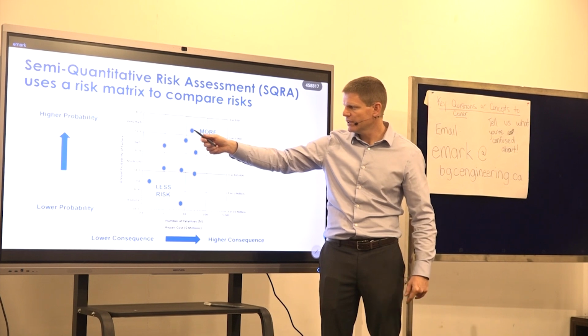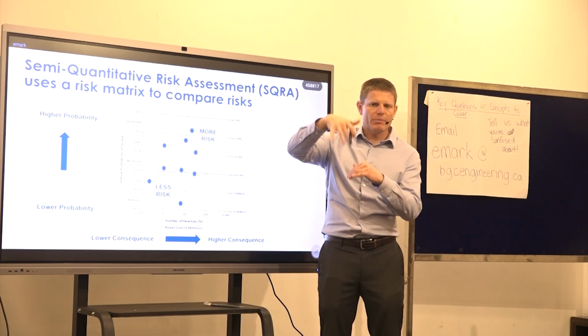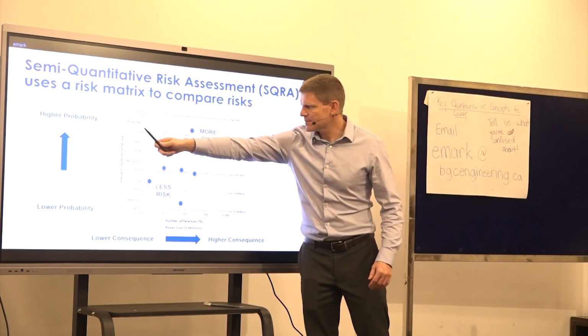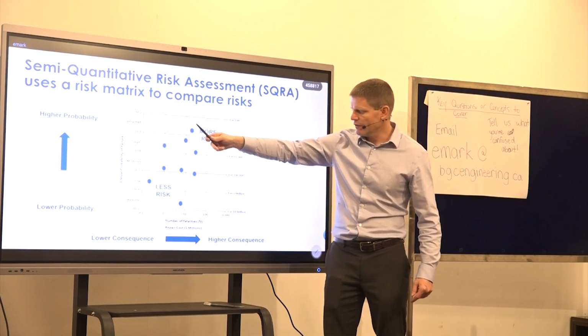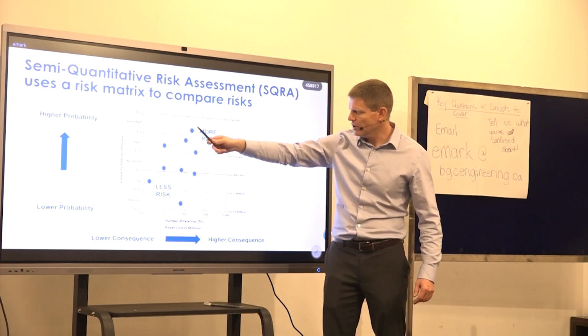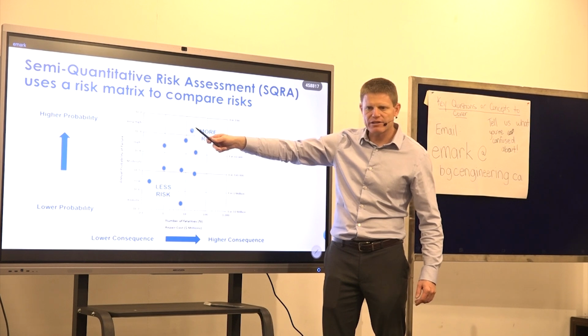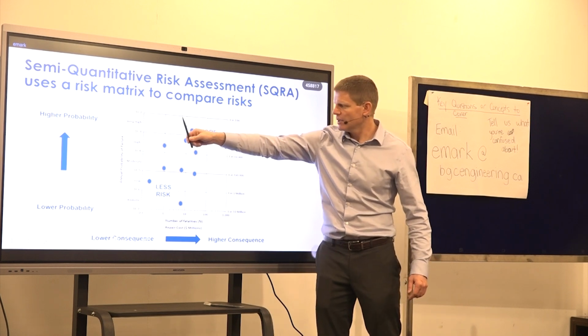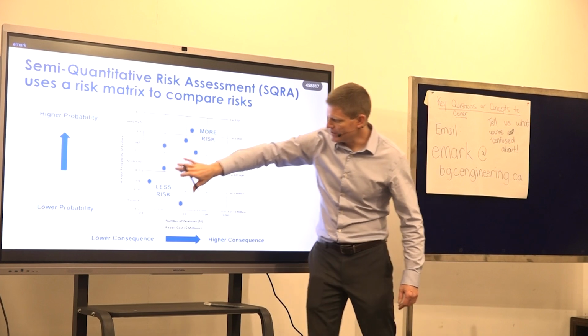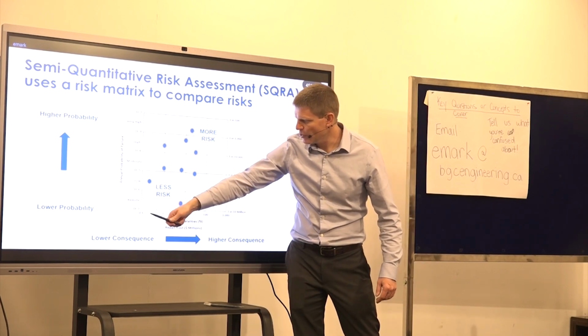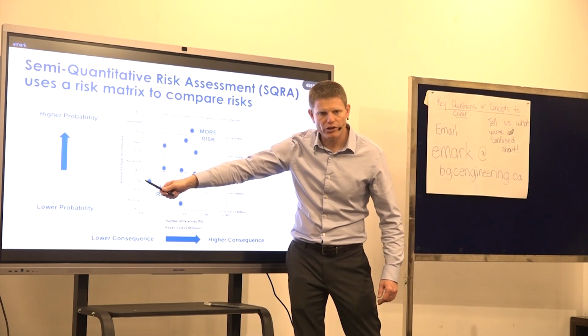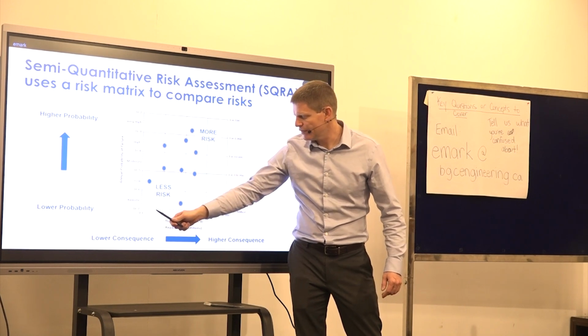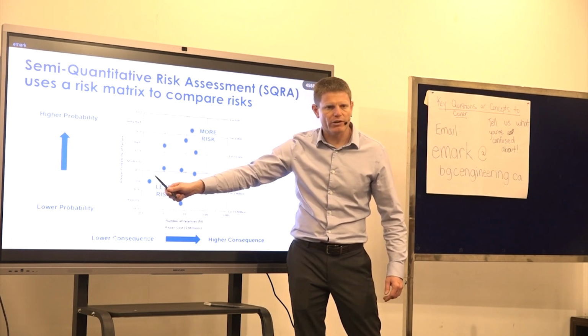So this one could be overtopping of the structure that has this probability of occurring, and if it overtops, it could kill this many people. So this one is a high-risk scenario, right? It's high probability, high consequence. Whereas down here, this could be another failure mode that has a low probability of occurring and a low number of fatalities, so this is a low-risk scenario.